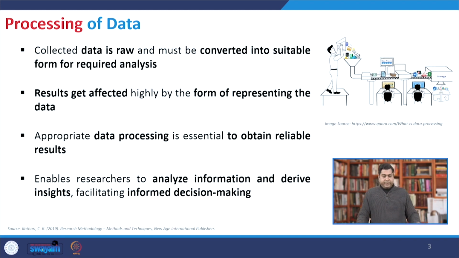Now, processing of the data: pictorially, you may have a huge amount of information, something from the web, something from a survey, something from social media, something from video, etc. And all of them are needed in some way or other for your research, and then it is to be processed. So when you put all this information together, proper segregation, proper classification, and then putting into a typical file format is required.